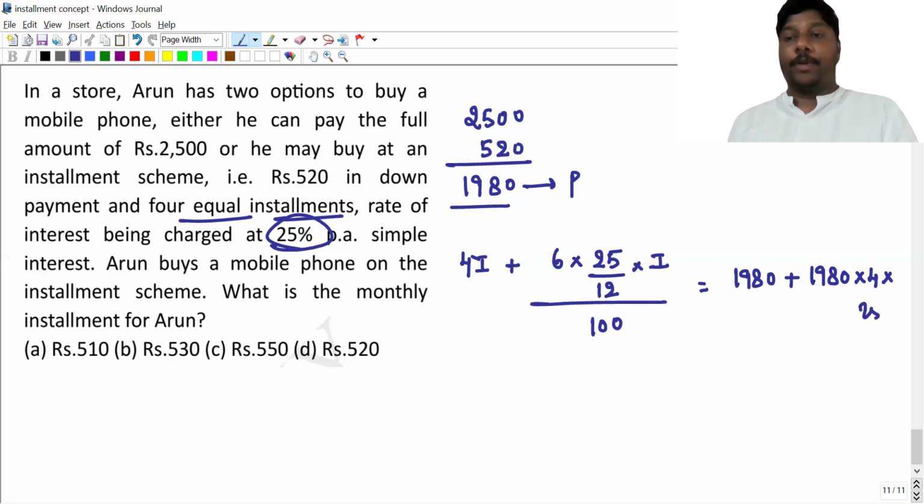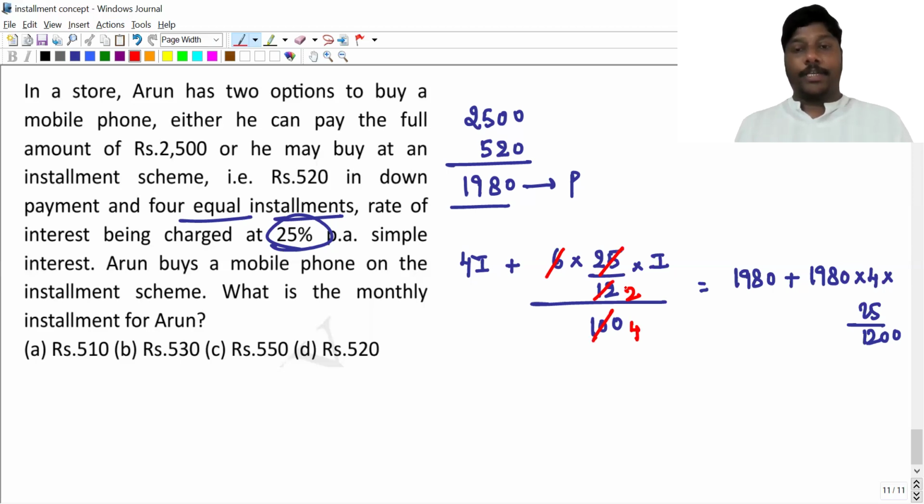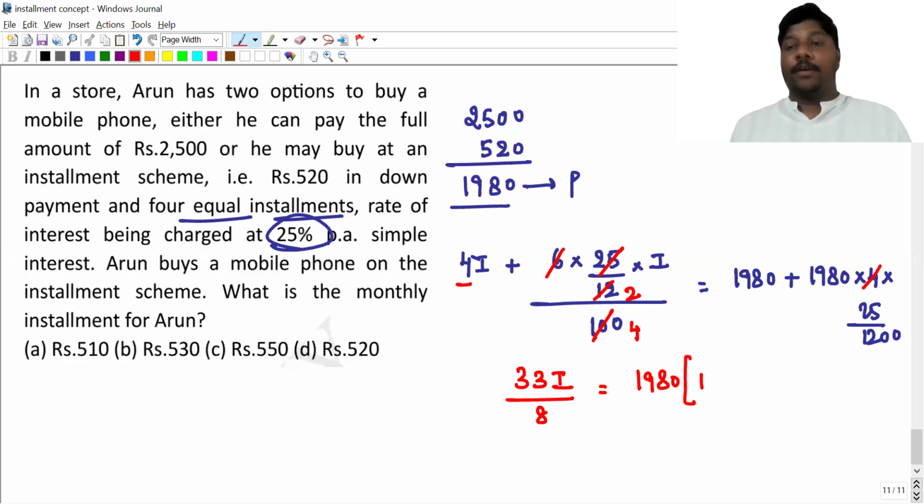R is 25 by 12. 1200 you take it. By 100 is also comes, no? So take like that. Now simplify here. 6 1s are, 6 2s are, 25 1s are, 25 4s are. So what we finally got? Okay, it is 8. 8 into 4 is 32 కాబట్టి 33i by 8 you can keep it separately is equals to, you common 1980, here 1, here 4 1s are, 4 300s are, 25 1s are, 25 12s are, right?